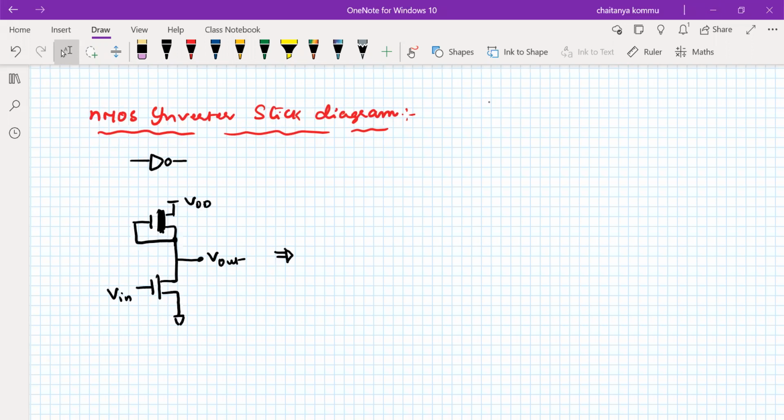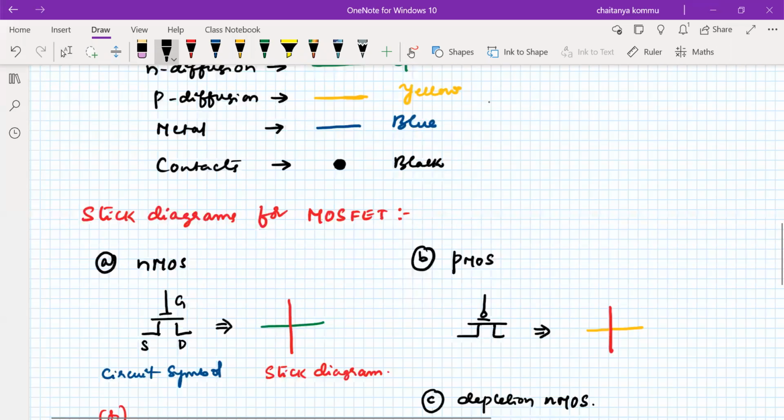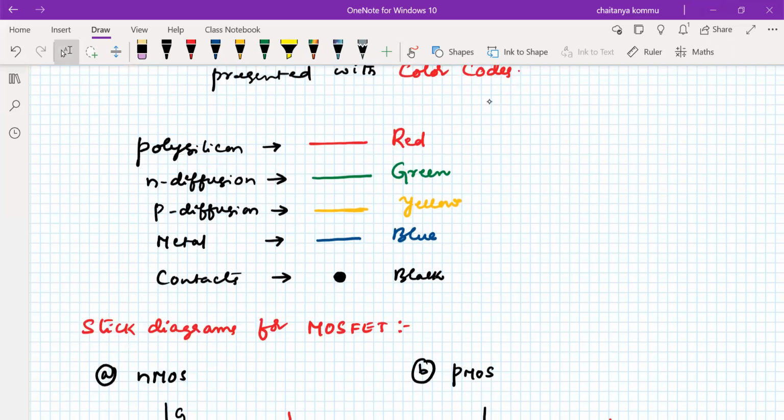There are different approaches to drawing the stick diagram, but we will consider only the basic approach. In this basic approach, first of all, we have to draw the metal lines for VDD and ground. It's very important to consider that. As we have mentioned, we use polysilicon, diffusion, and metal.